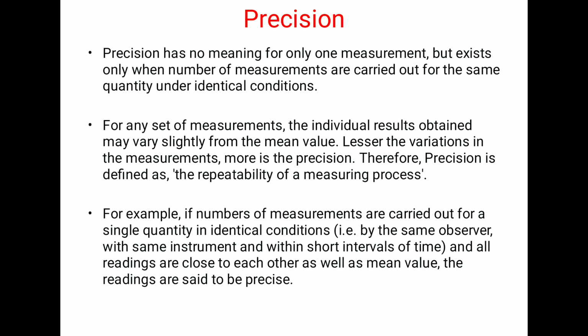So precision is the less variation in the measurement. If there is less variation in the measurement, then the system is called a precise measuring system. If the instrument gives you readings which vary very little from each other, then we call that instrument a precise instrument also. See, I will give you one example.